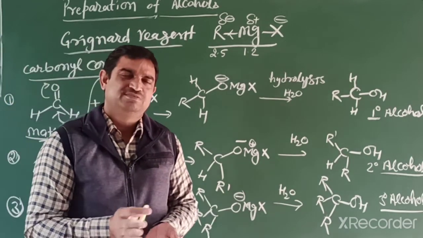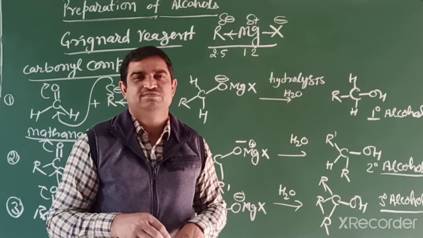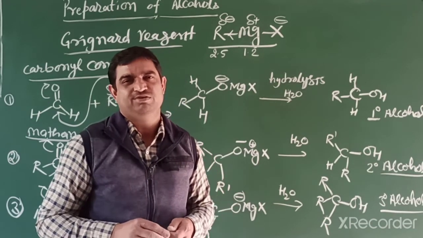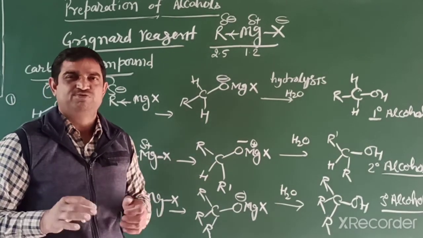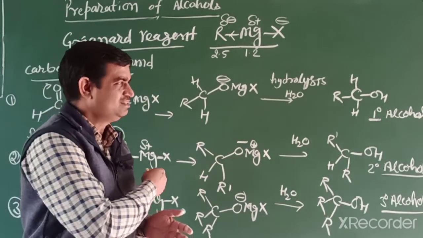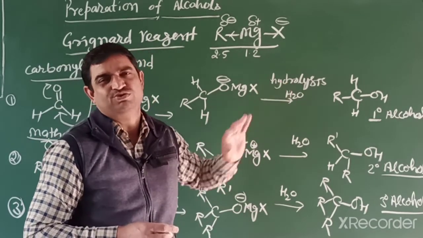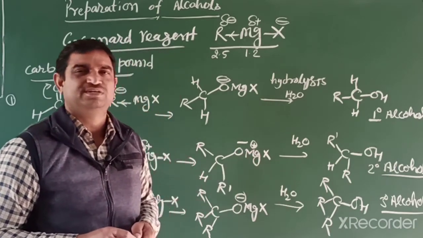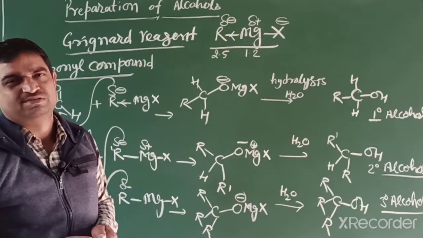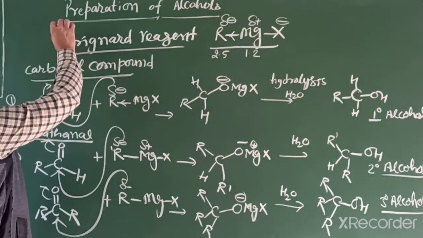After that we studied that from carboxylic acid we can use the reagent lithium aluminum hydride, but that is expensive. But from ester we can easily reduce by hydrogen in the presence of a catalyst: nickel, palladium or platinum. But last, most important, is Grignard reagent.